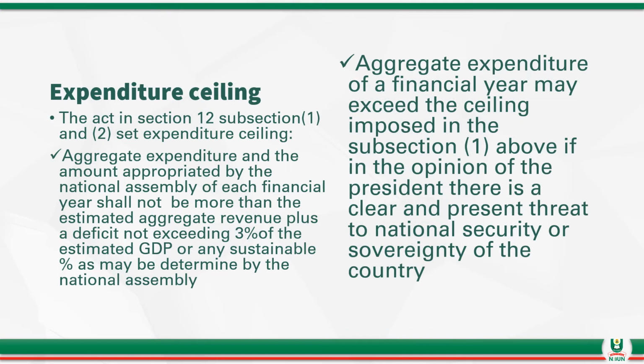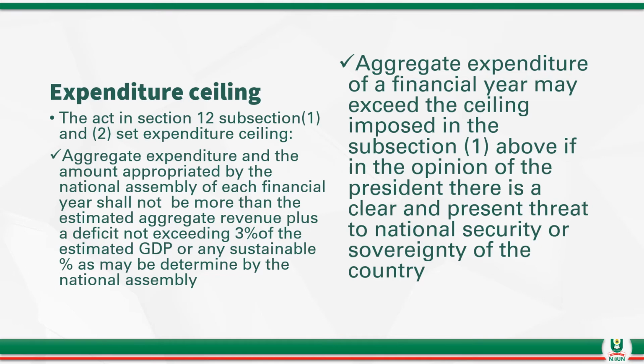Now let us examine the expenditure side of the Fiscal Responsibility Act. This has to do with expenditure ceiling. The Act in section 12, subsection 1 and 2, sets expenditure ceiling for the economy.